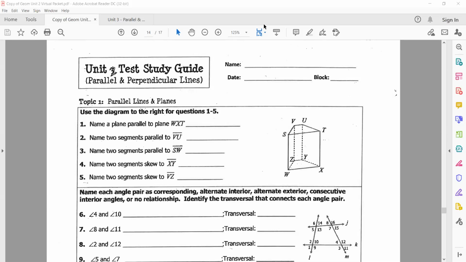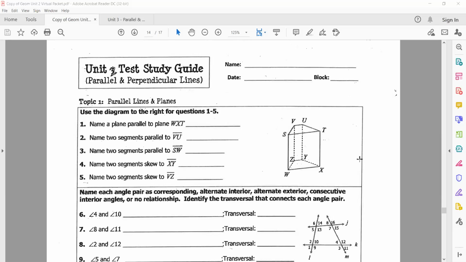If you think about this shape having a top and a bottom, the top is SVUT, the bottom is WZYX. Remember those dashed lines, those dotted lines? That's the part of the shape that you can't see.